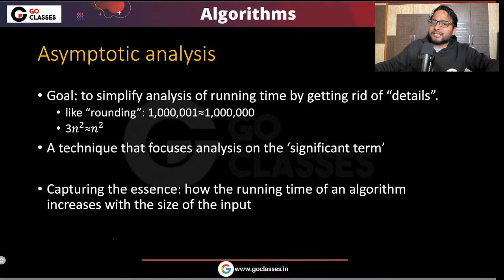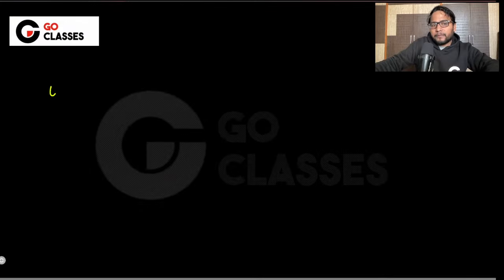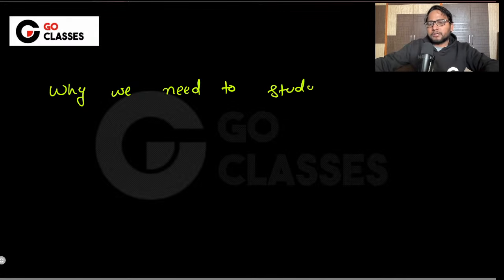Now, why do we study these asymptotic notations? Let me first tell you why we even need it. Can anyone tell me why we need to study these asymptotic notations?